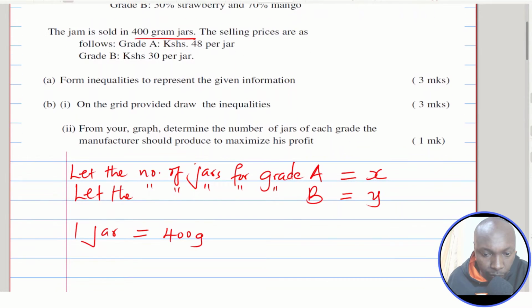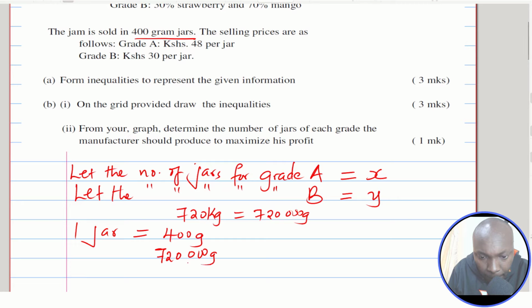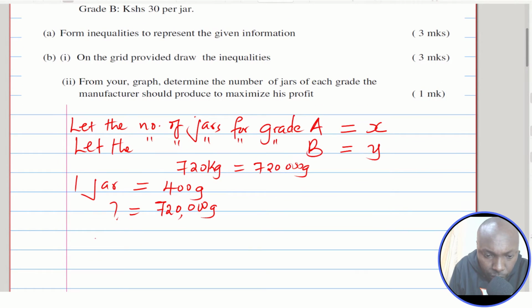When we convert, 720 kg is equivalent to 720,000 grams. You just multiply by 1,000 to convert kg to grams. So what about 720,000 grams? How many jars will this produce? You just need to divide.